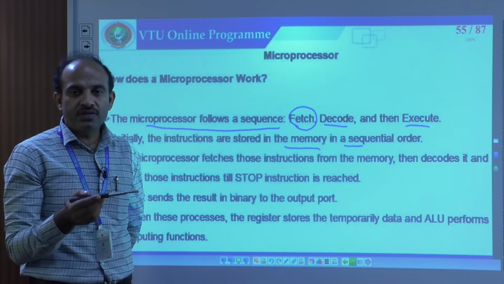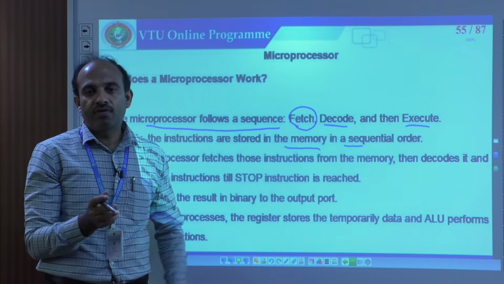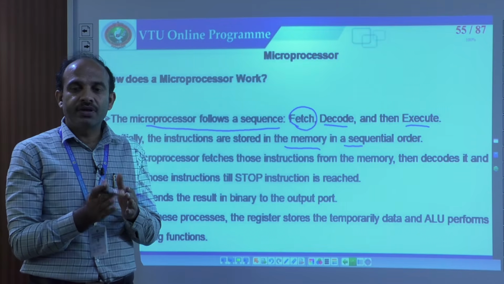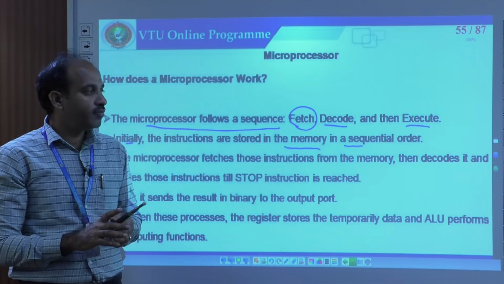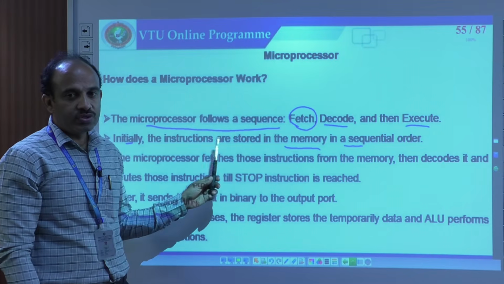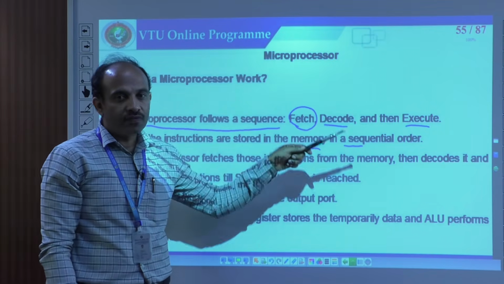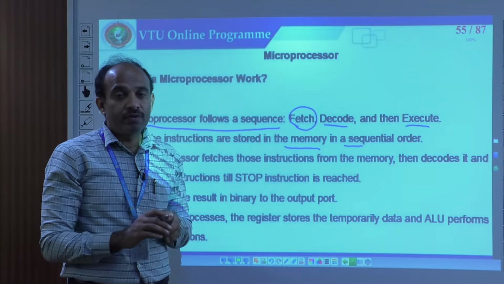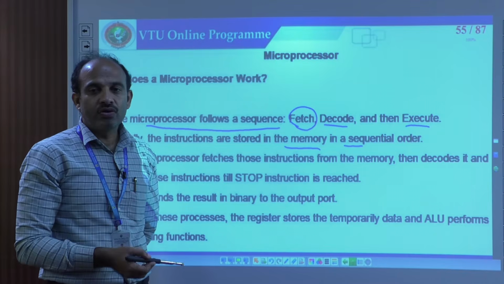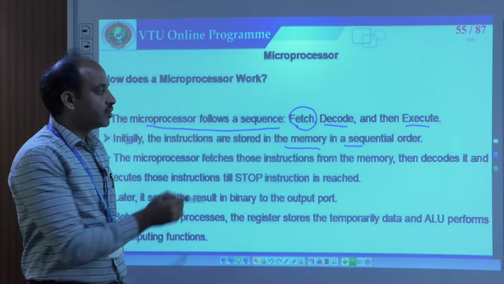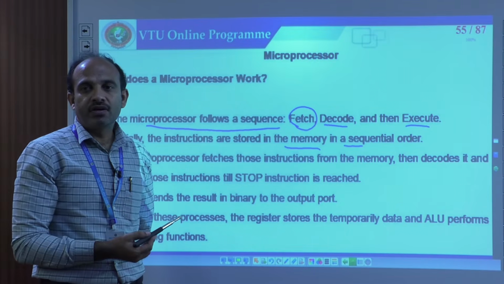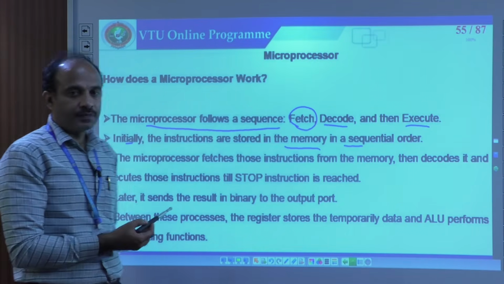Sequential is one after another, like what we discussed in the last session, for example, one page after another page. In the same way, the data or instructions which you are sending will be stored in the memory one after the other, maybe with respect to the memory address or the location where the instruction is to be stored. So that will be stored in a sequential manner, one after the other.